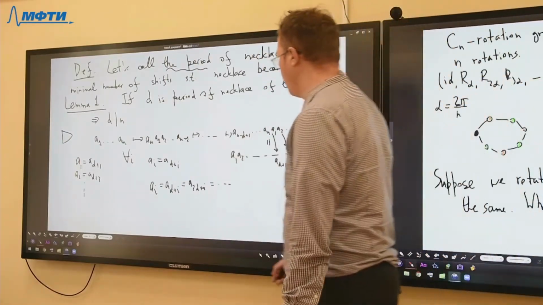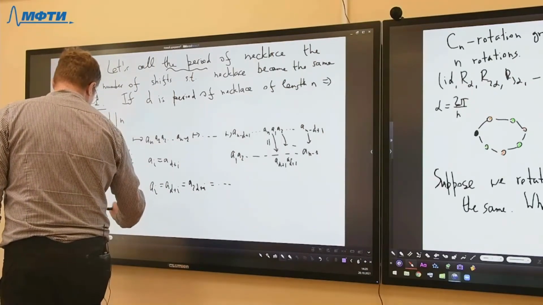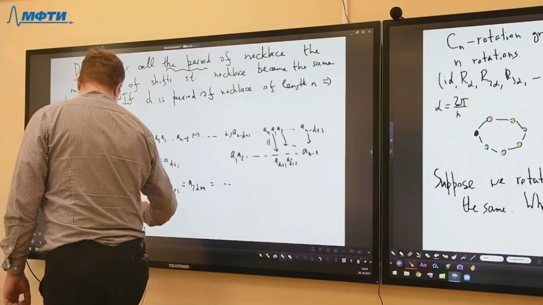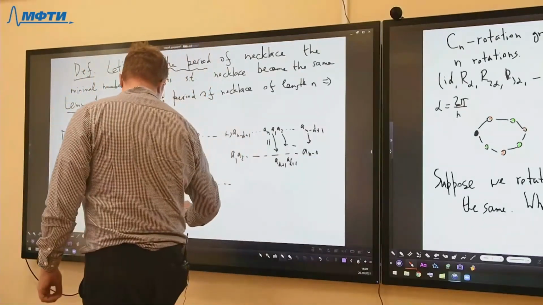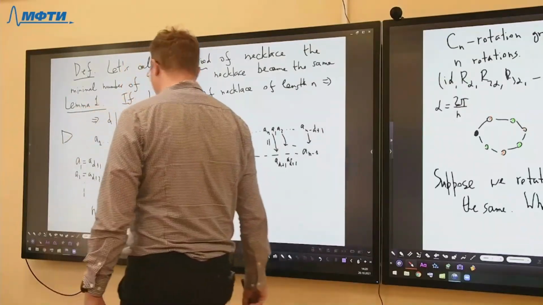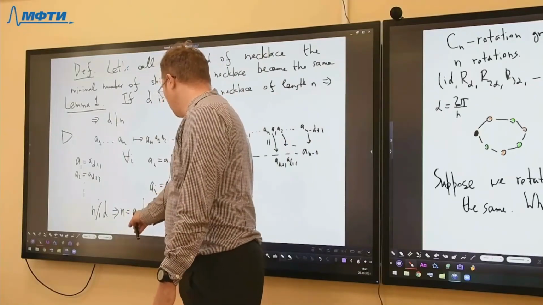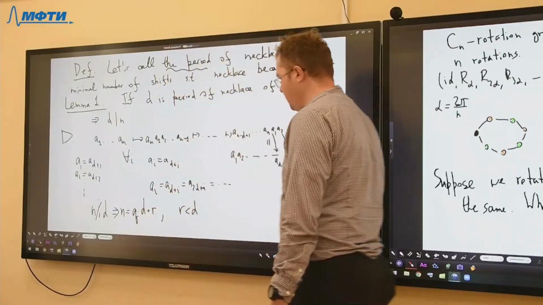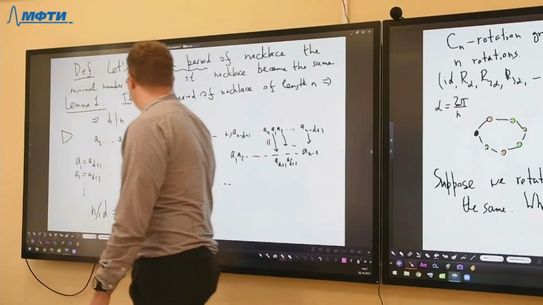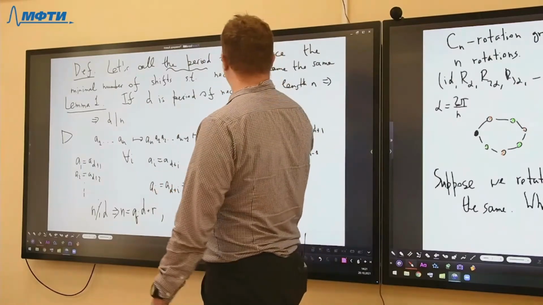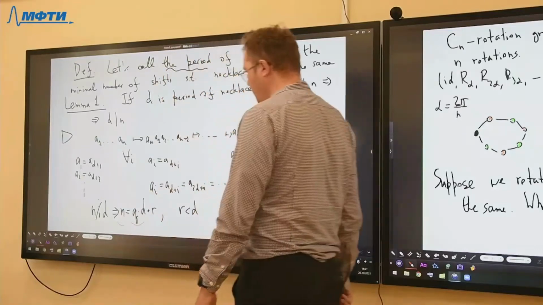And so suppose n is not divisible by d. Then we can divide with remainder and have n equal to q times d plus r, where r is a residue strictly less than d. If we shift our necklace n times, we shifted it q times d times, and it became the same.